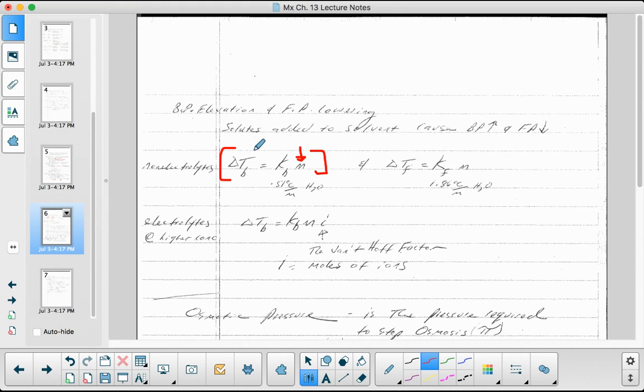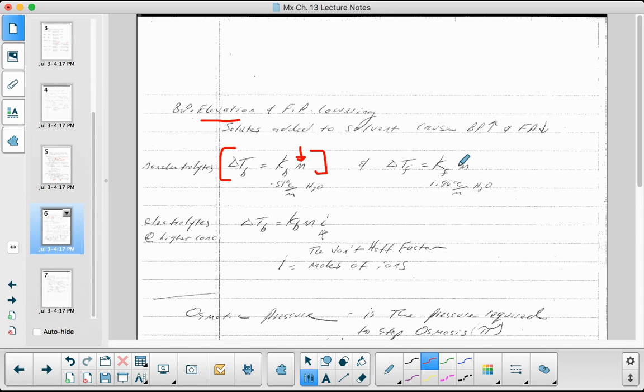So this delta T_B is the change in boiling point. The change in boiling point equals the molal boiling point constant for your solvent. So for water, it's this. And so this is how I would calculate how much the boiling point increases, because remember, it's boiling point elevation. Now I'd use a similar formula to find out how much the freezing point lowers.